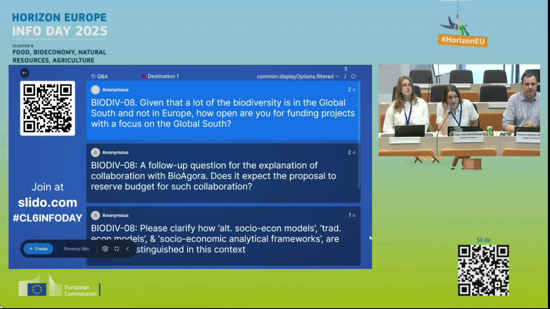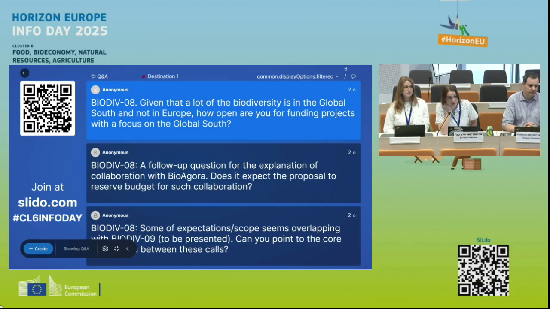It was decided in the end, because the economic models that we're talking about differ when you look at the global south and at Europe, and because the core focus of this topic is the economic models rather than the biodiversity itself, that the scope was to be focused on Europe. Having said that, there is the caveat, of course, that the European economy does not exist in a silo, and that to some extent a global perspective is of course necessary. Thank you.